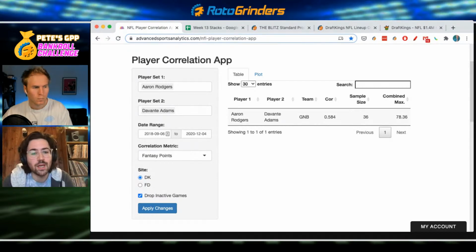So an example like Adams and Rodgers over the last 3+ years, they have a really large sample. I would say anything at like 0.6 or even above 0.4 for a sample that's definitely more than 2 seasons, and even at a season and a half, so maybe 24 games, you're starting to get to pretty high correlations.